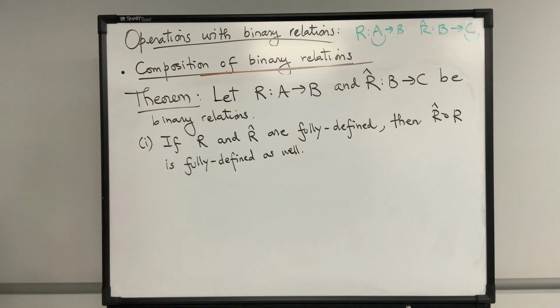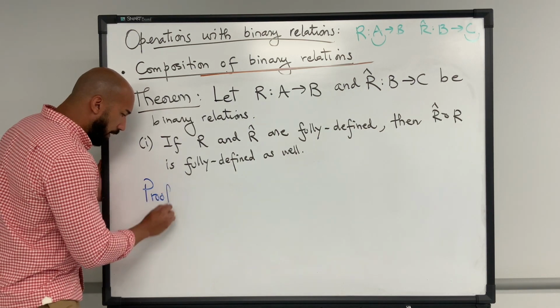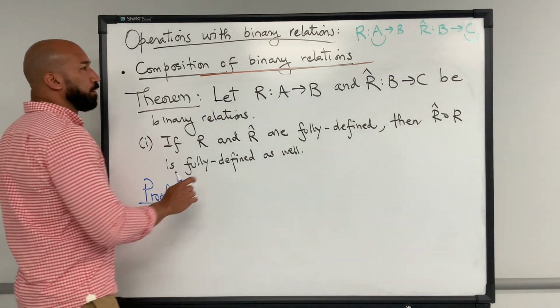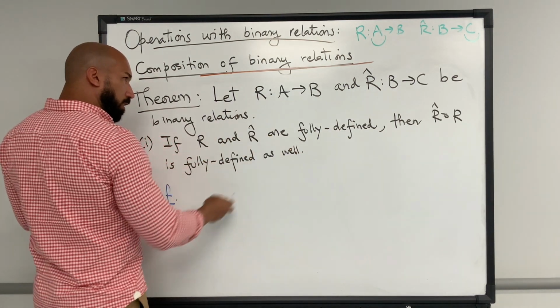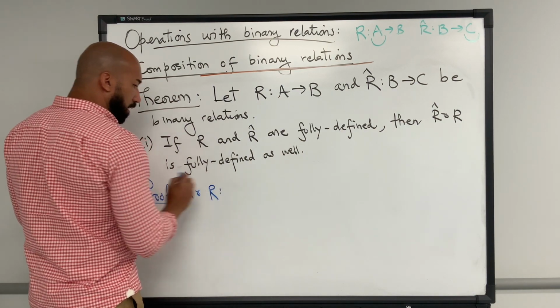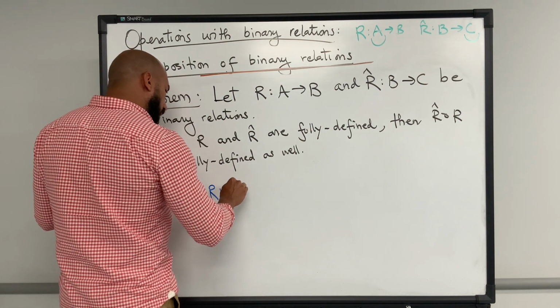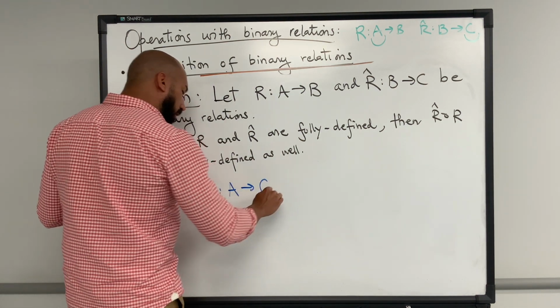Okay? All right. Let me prove this one. What we need to prove is, so notice the following, this R composite R hat is from A to C.